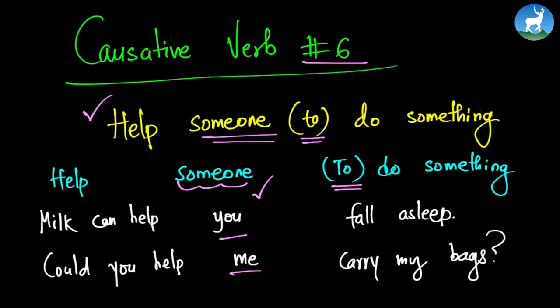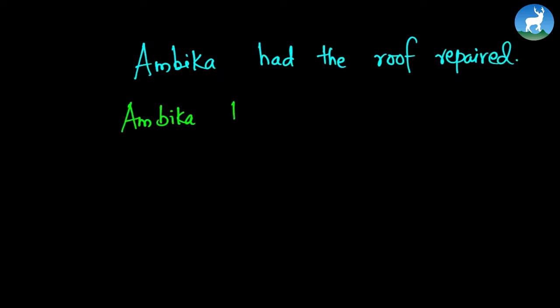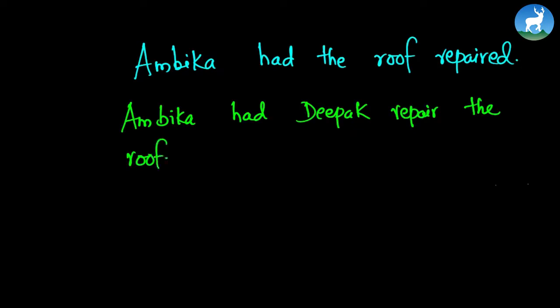Let us first understand causative verbs, all of these types, by using different examples, not just one. Ambika had the roof repaired. Or we could say, Ambika had Deepak repair the roof.